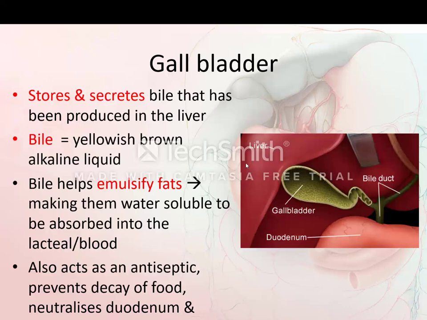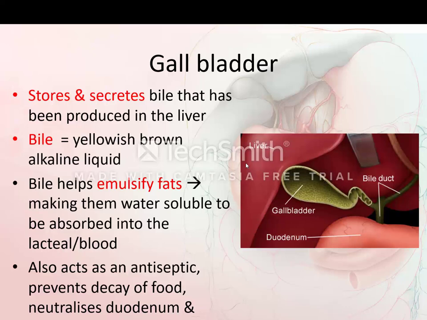Okay. Why is bile important? Bile does what we call emulsification. Now, emulsification is breaking down something to make it water soluble. So if you think of a fat, a lipid, we need to break that fat down, and it needs to be able to be absorbed or soluble in water, in the liquid that we have in our digestive system, to be able to break down the nutrients from those lipids.